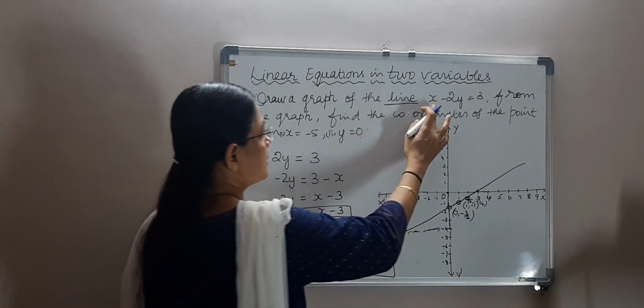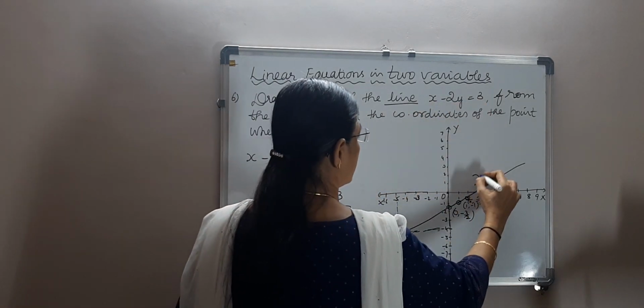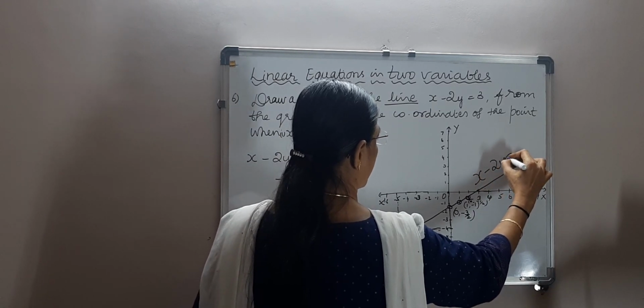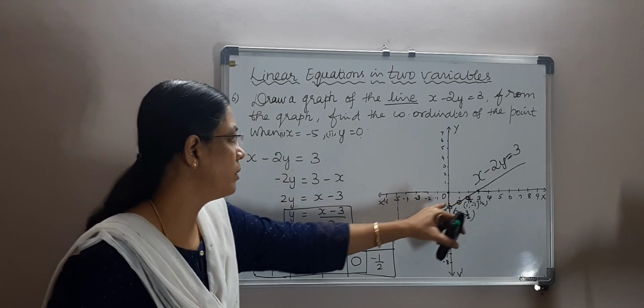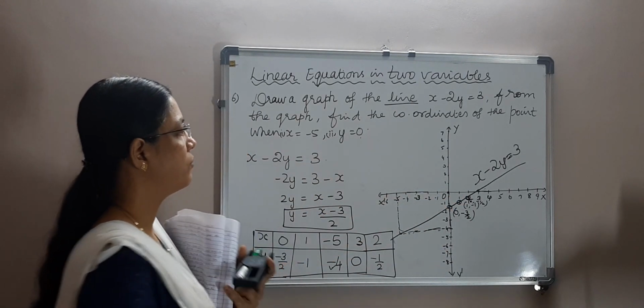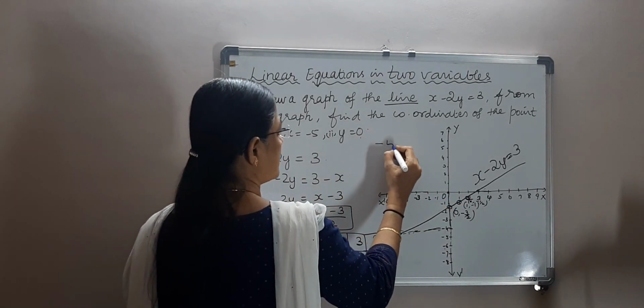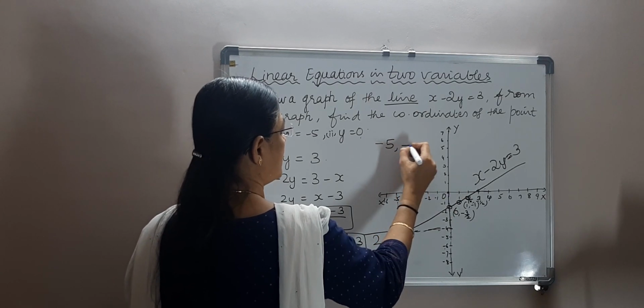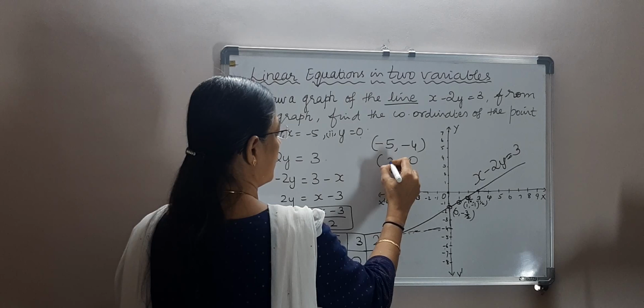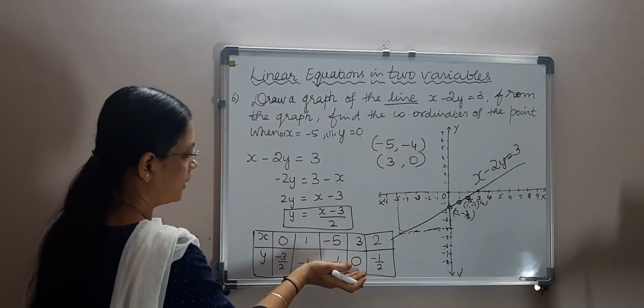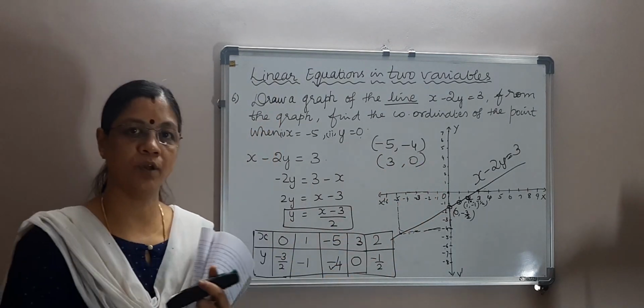So this line represents the equation x minus 2y is equal to 3, and we have plotted the points here, and we also have found out the coordinates: when x is equal to -5, y is equal to -4, and when y is equal to 0, x is equal to 3. Both theoretically as well as graphically we have found out.